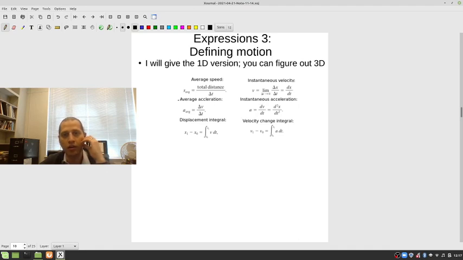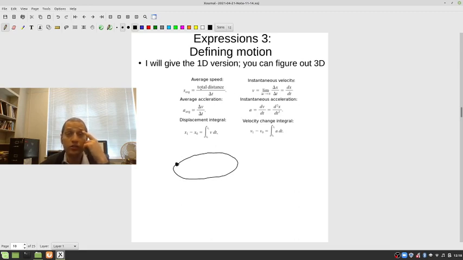On the other hand, there also is this idea of average speed, where displacements are not taken into account. So for instance, if you go around a track like this and start and end at the same place, your total displacement is 0. So then your average velocity would be 0 because your total displacement over the total time would vanish.